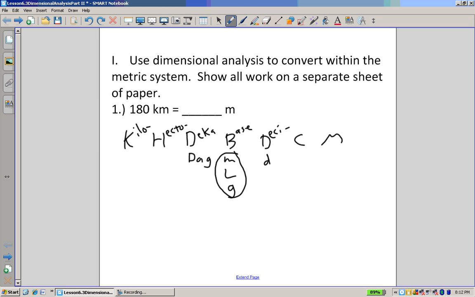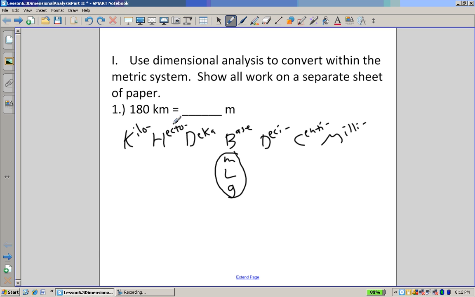Decagrams would be DAG. Decigrams would be DG. And so that's how you can tell the difference between these two Ds. Deci, centi, and milli.